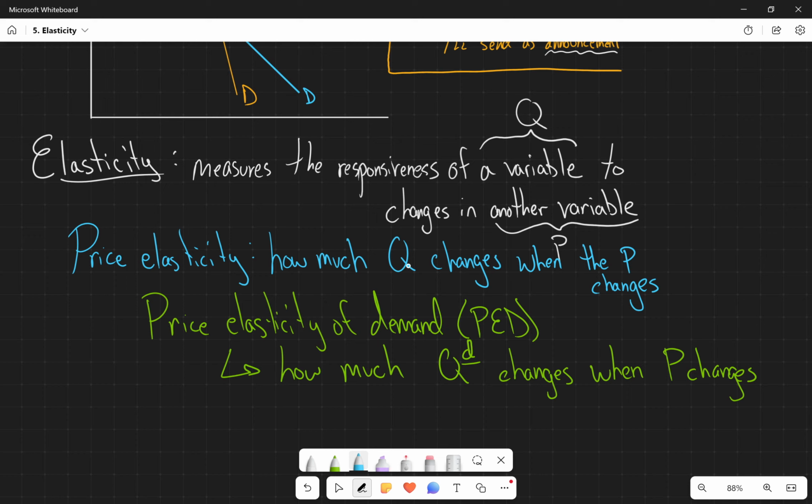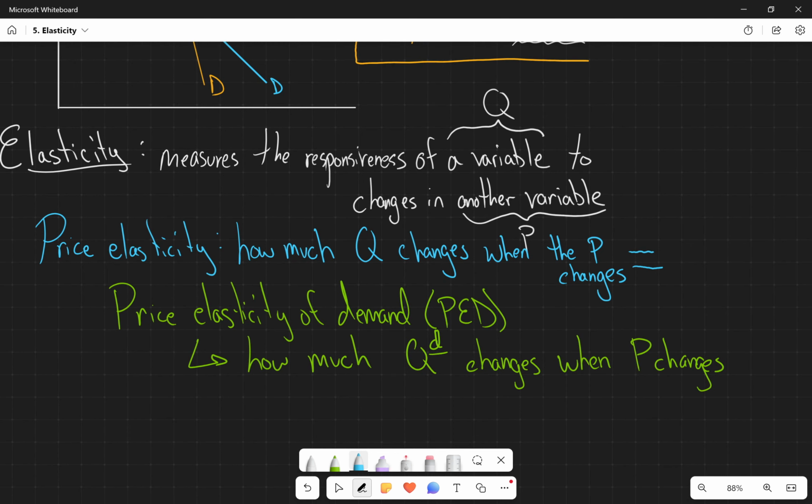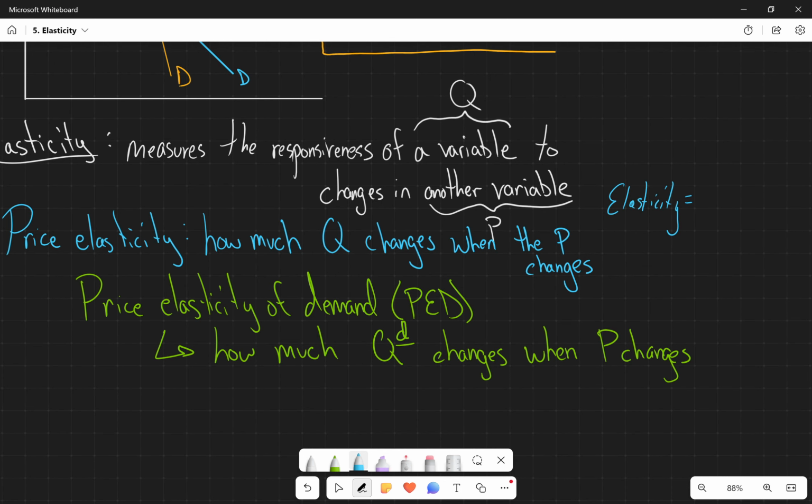Let's go to price elasticity because it makes sense to have a little bit of specificity here. If we wanted to put this in equation format, to figure out what my elasticity is, it's how much our Q changes.